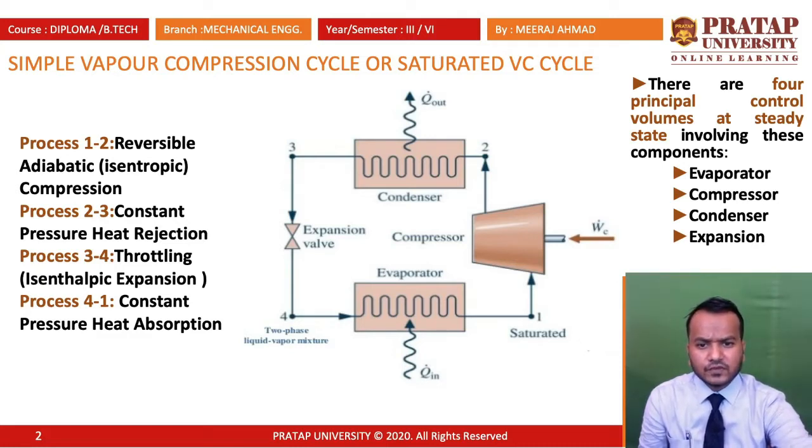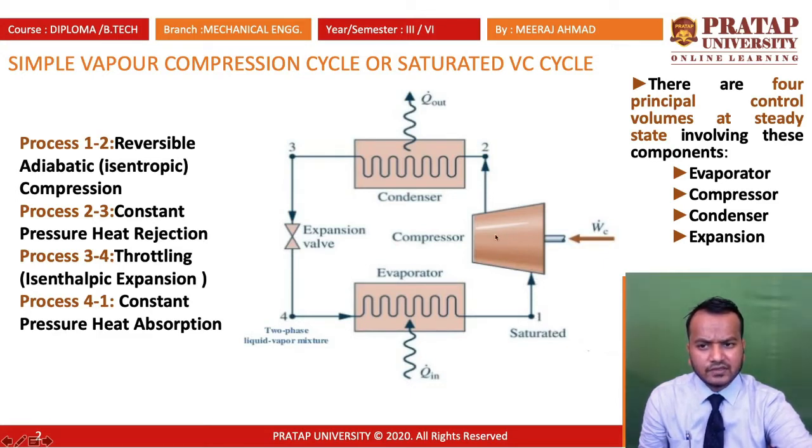Now looking at the layout diagram of the simple VC cycle, at point 1 the saturated vapor refrigerant enters the compressor.